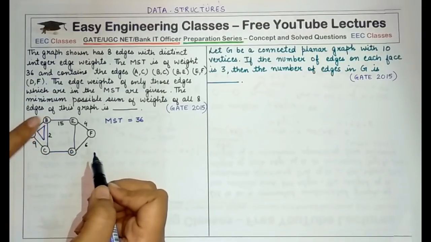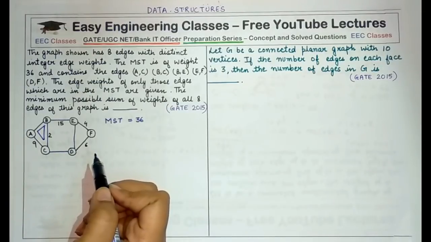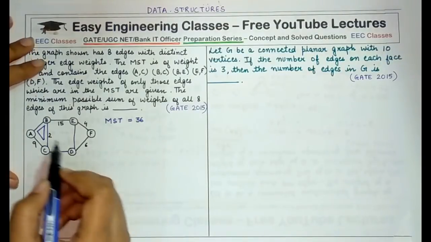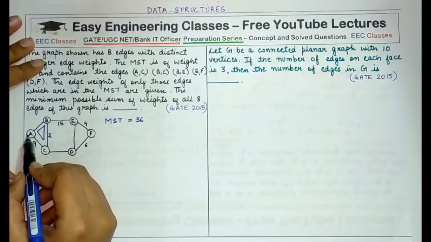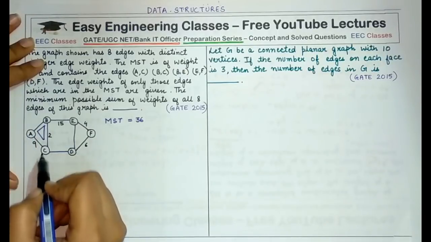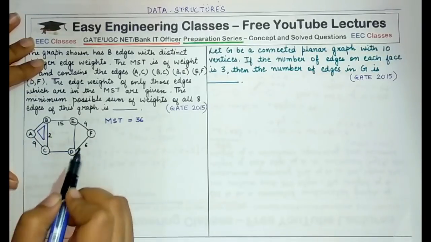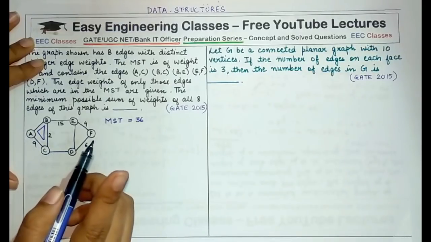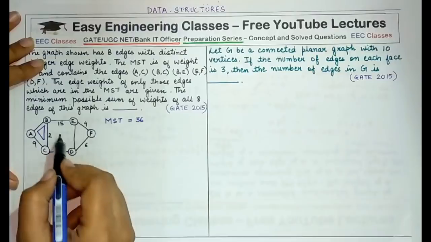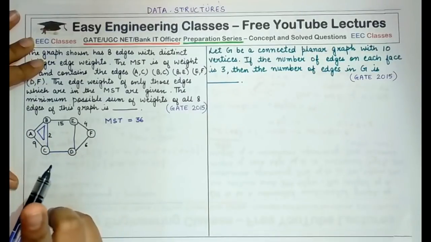This ABC forms a cycle, and if we are not including one edge from this cycle, it means that this edge must have been the highest weight edge, because we need all the vertices in the MST, and therefore we would need A as well as B as well as C, and the minimum number of edges required to connect 3 vertices to other vertices of this graph would be two edges.